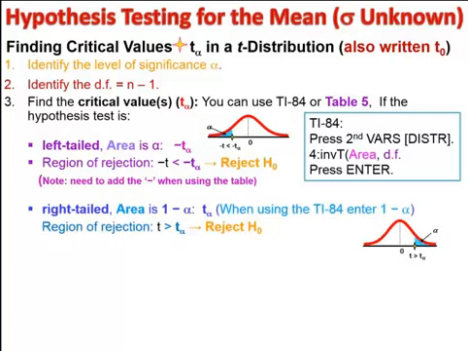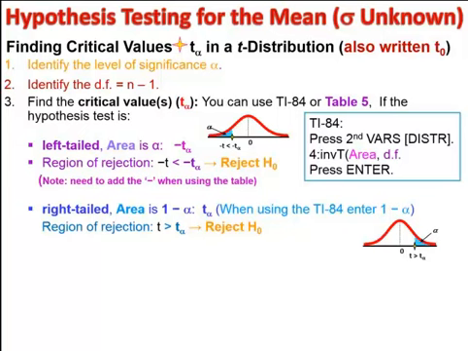For a right tail test, the area will be 1 minus your alpha. Remember, when you need to find the critical value and the area is shaded to the right, you always need to find the critical value based on the area shaded to the left. So you would have to do 1 minus alpha to find the correct t value.